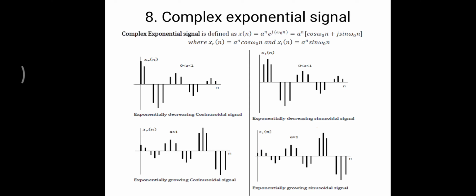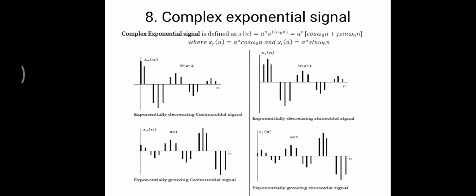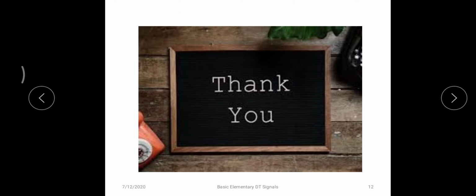When a is greater than 1, that will produce growing exponential. But it is not exponential here. Here we have multiplied cosine as well as sine, so that may produce decaying cosine or decaying sine, and this is nothing but growing cosine, and this is nothing but growing sine terms. Thank you.